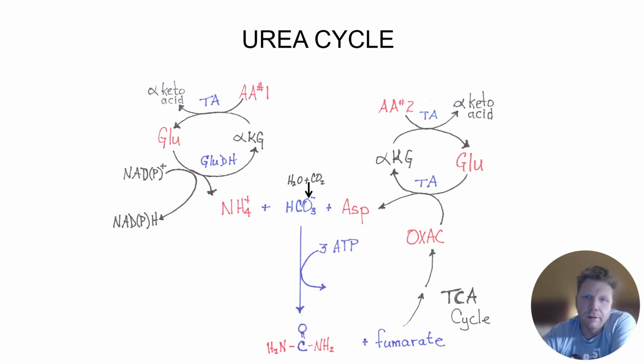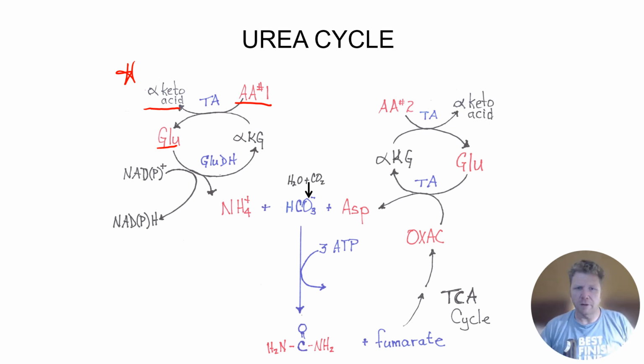Before we do that, in a nutshell, this is what's happening. Starting on the left-hand side here, we have amino acid number 1 that's going to be used to produce an alpha keto acid and glutamate, because that amino acid number 1 is going to transfer its nitrogen onto alpha ketoglutarate to make glutamate. That glutamate is going to be acted upon by glutamate dehydrogenase.